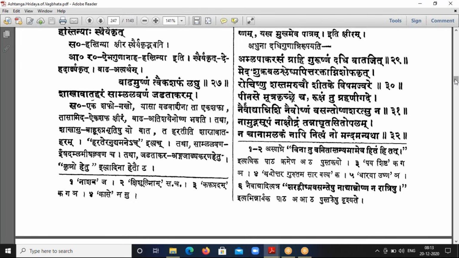What is this double explanation? It is Rojishnu and Arujau Shastam. There are many things which are not like this. One classical example is the Tikta Rasopayoga. Tiktam is Swayam Arojishnu.